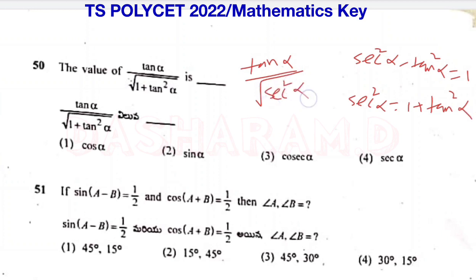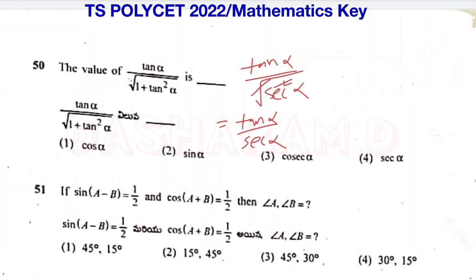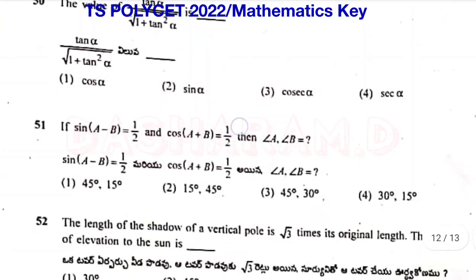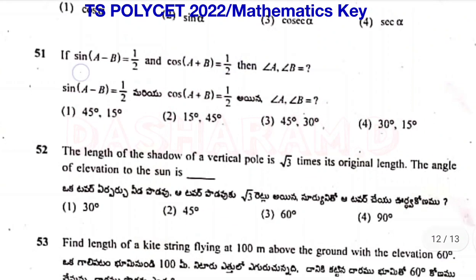So here we can write secant square alpha, then the square root cancels, tan alpha divided by sec alpha. Now we have to simplify this. Tan alpha means sin alpha divided by cos alpha, and sec alpha means 1 by cos alpha. It equals sin alpha by cos alpha into cos alpha by 1, both are cancelled, so option 2 is correct.